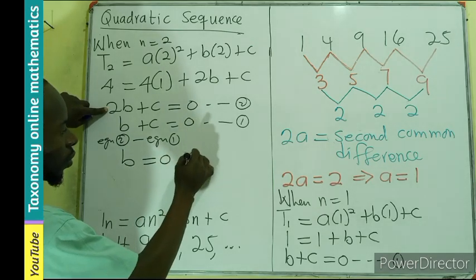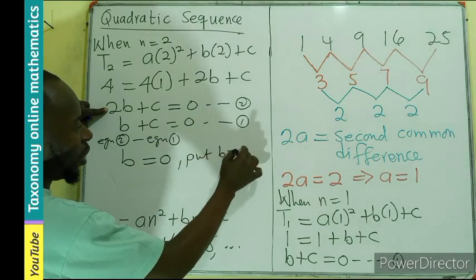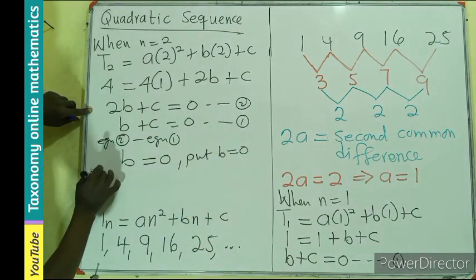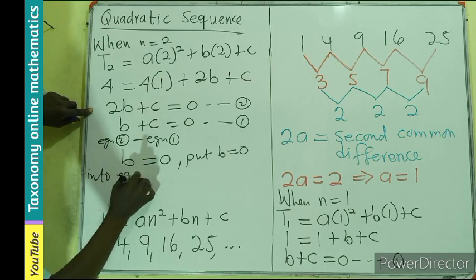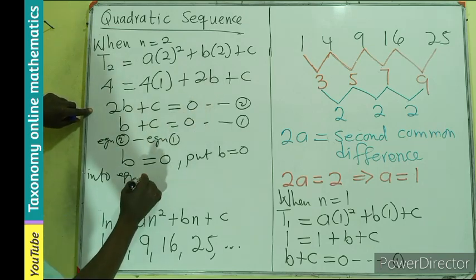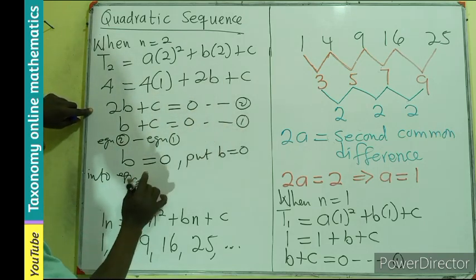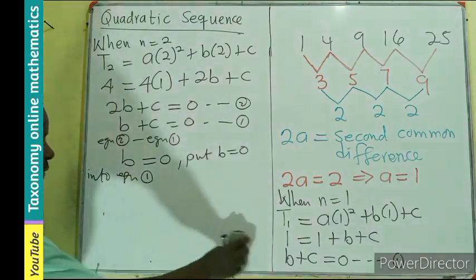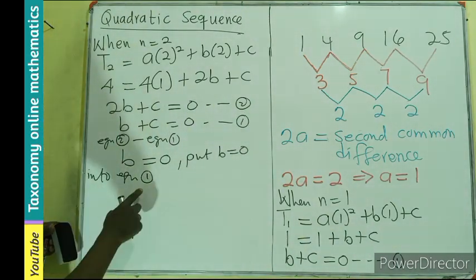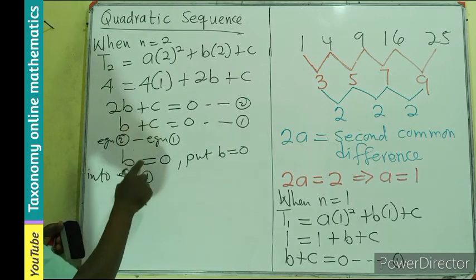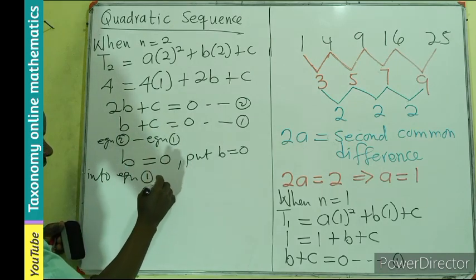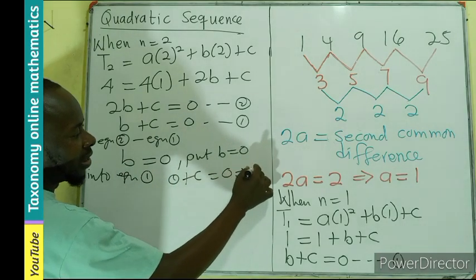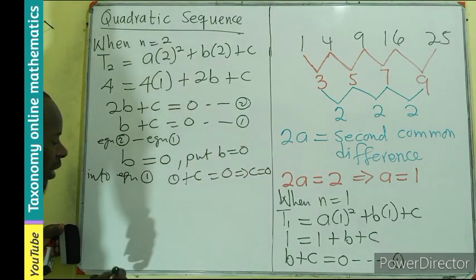So b equals 0. Put it into any of the equations, 1 or 2. So let me prefer equation 1, not 2. If it is equation 1, we can see if b is 0, then we have 0 plus c equals 0. It implies that c also equals 0.